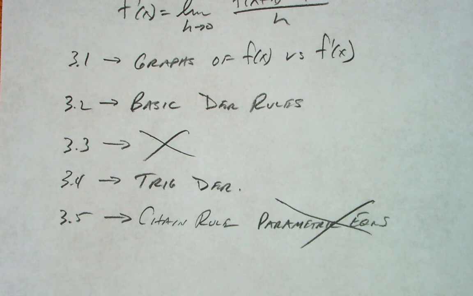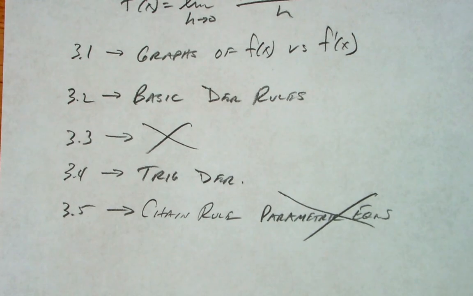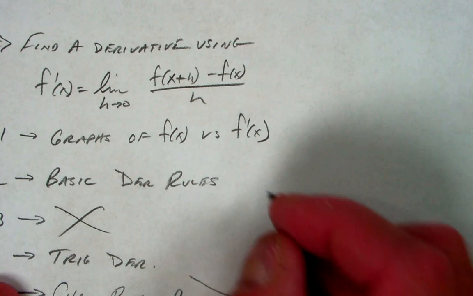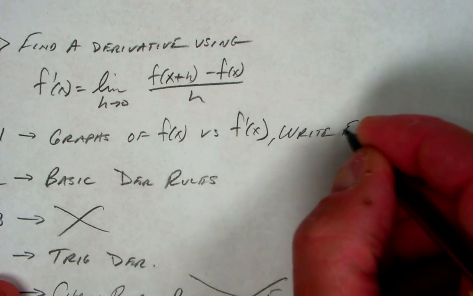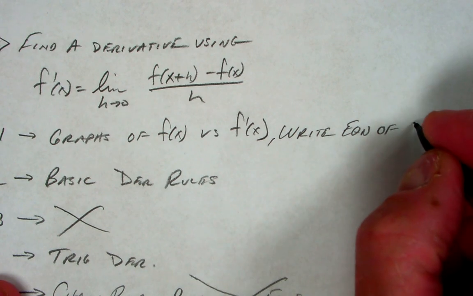They've got derivative-a-palooza. Let me see if I can find something. Oh, another thing we did, this was from 3.1: write the equation of the tangent line.